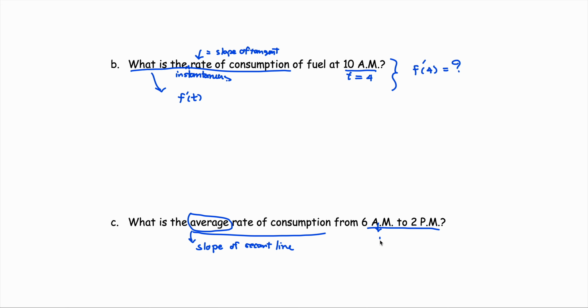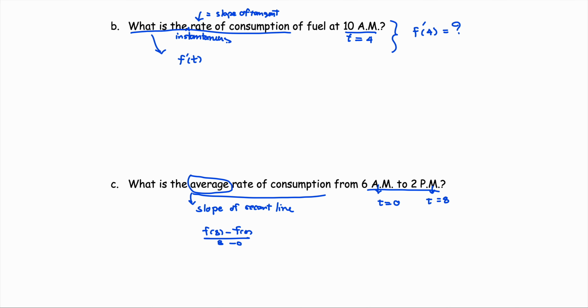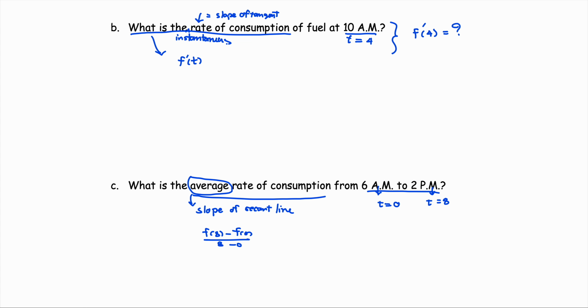At 6 a.m., T equals 0. At 2 p.m., T equals 8. Okay, when you set it up, that means you are looking for F(8) minus F(0), all divided by 8 minus 0, which is the use of the slope formula for part C to represent the average rate of consumption from one point of time to another point of time.